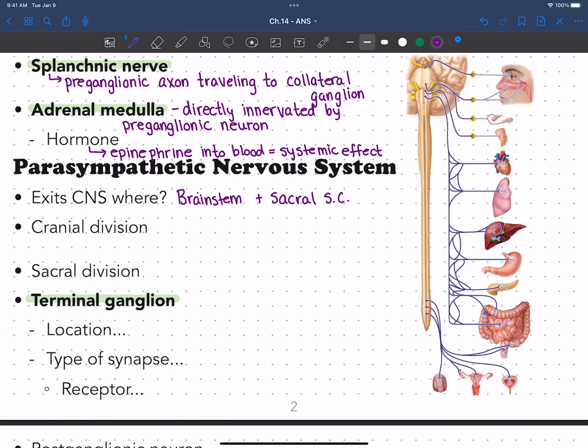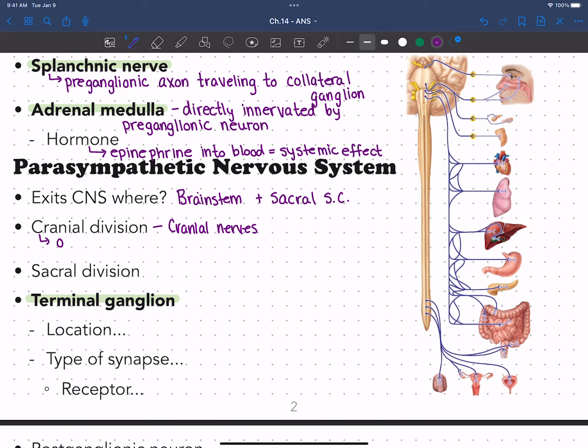Right? SC standing for spinal cord. So the cranial division, this would be the portion that is leaving through the brainstem, would be also traveling through cranial nerves. Right? Specifically, there are going to be 4 cranial nerves that you should be aware of.